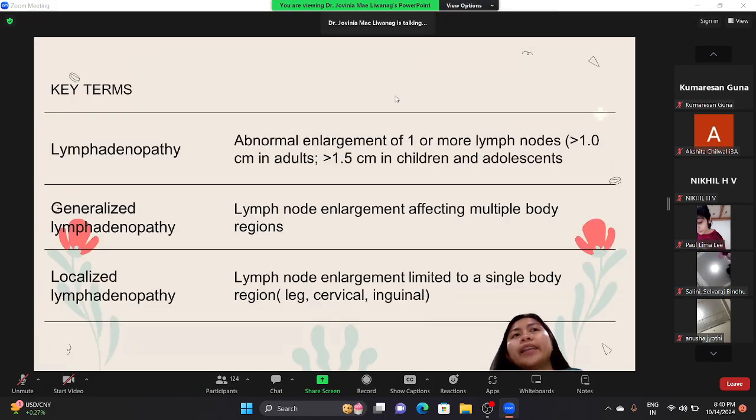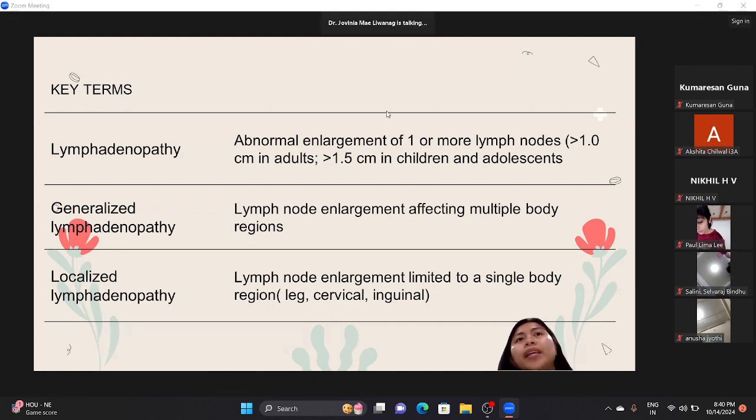For the key terms, what is lymphadenopathy? It is an abnormal enlargement of one or more lymph nodes, usually more than 1 centimeter in adults. Generalized lymphadenopathy affects multiple body regions, while localized affects a single body region, like the leg, cervical, or inguinal.